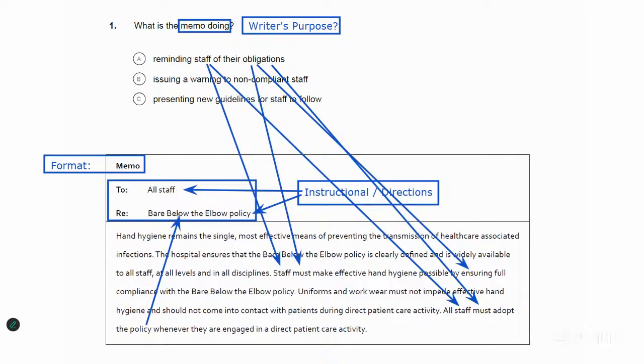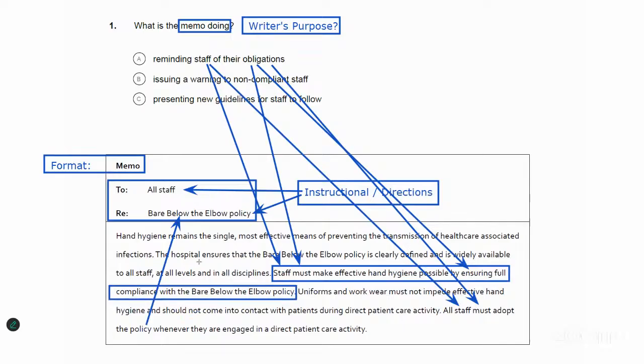All staff must adopt the policy. So these 2 points are suggesting you here. Staff must make sure hand hygiene possible by ensuring full compliance with the bare below the elbow policy. See here, this bare below the elbow policy.